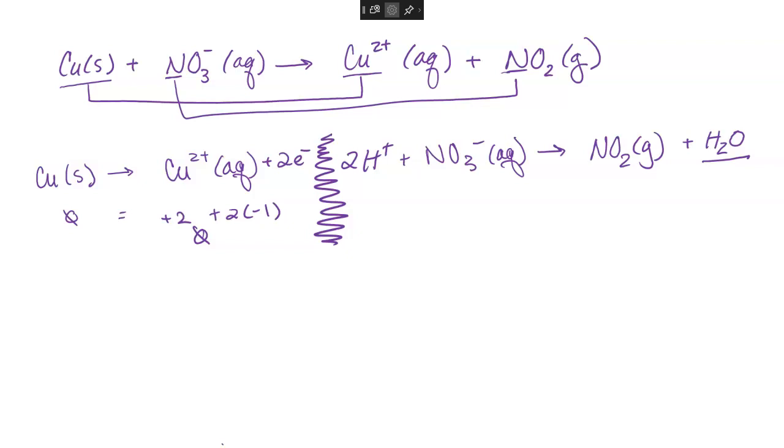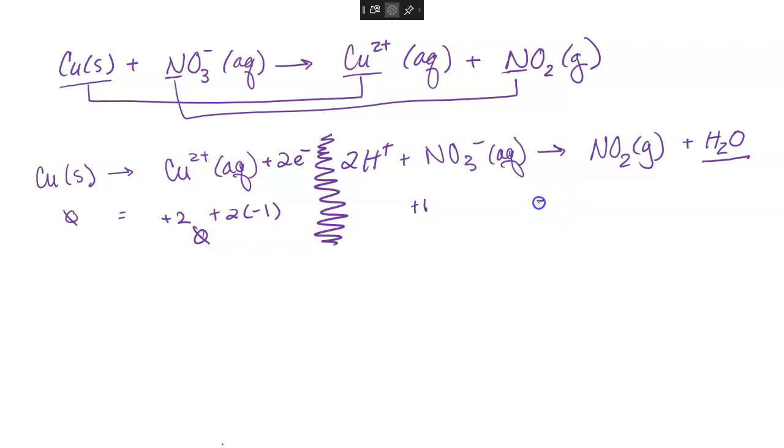Next, I'm going to do my right-hand half reaction. Figuring out the total charge on the reactants. What's the total charge on this side? Positive or negative? +1. 2 positives plus a negative is a positive 1.